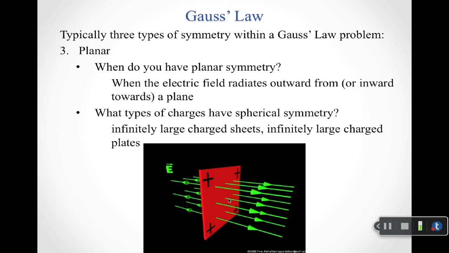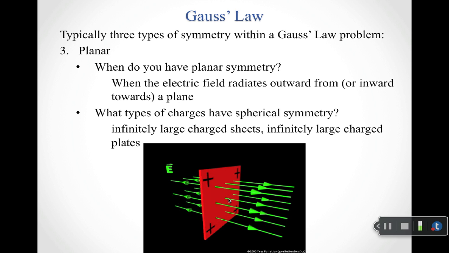And so we'll be able to take advantage of using Gauss's law in special situations to figure out what the electric field is. The crux of Gauss's law is that it's almost always helpful if you're interested in the electric flux.